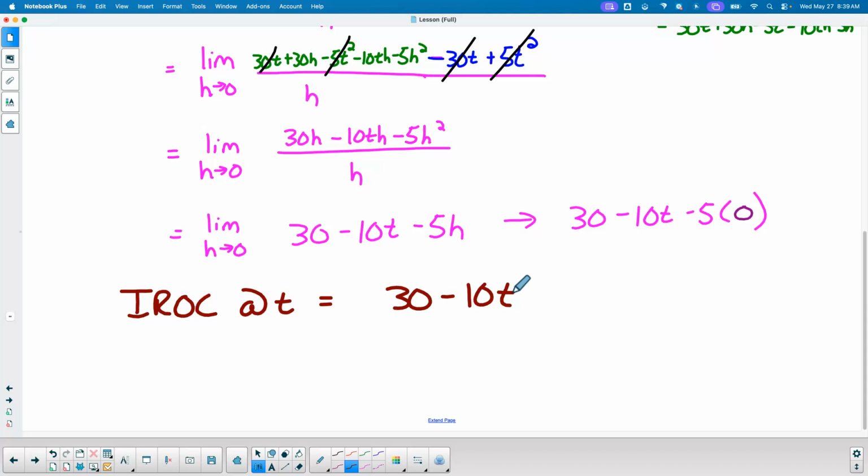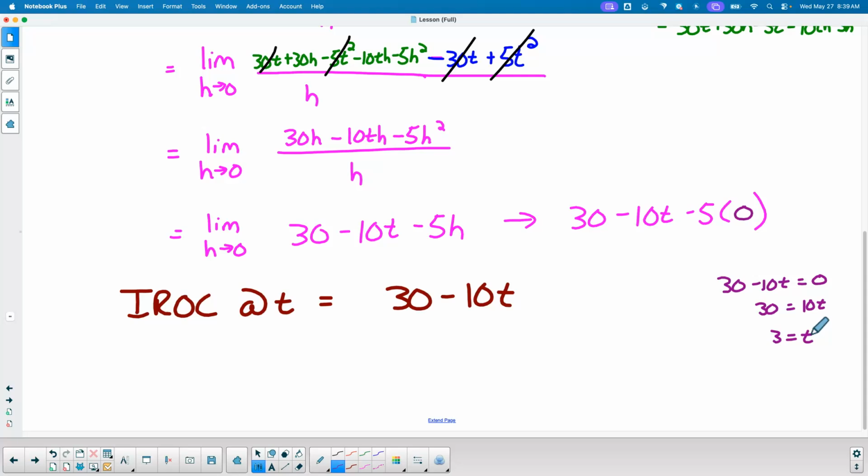Does my function ever stop? When? So it's moving away from us at the start, because at 2 seconds it was 40 meters away. It stops.